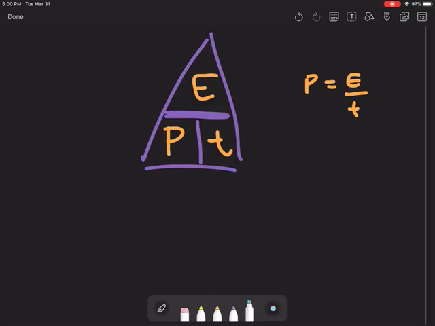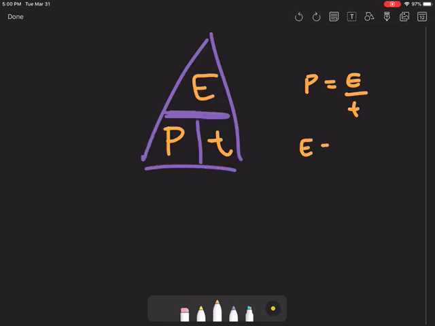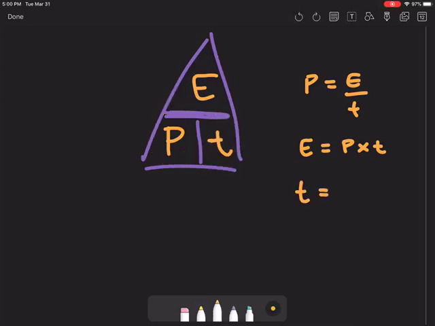If we want to figure out what E is, we cover up E, and we're left with P times T. So E is equal to P times T. And if we want to find out what T is, we cover up T, and we're left with E on top of P. So E divided by P will give us our T value. T is equal to E divided by P.